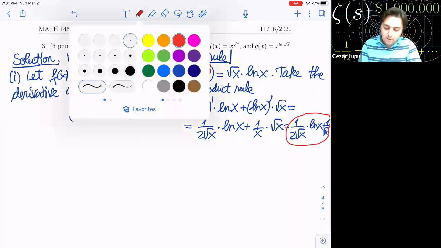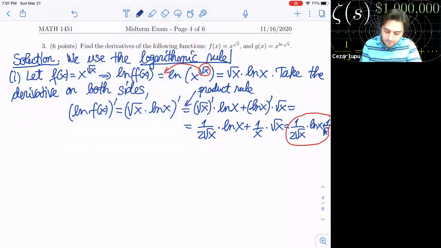All right, great. But on the left side, what do we use? What is the derivative of ln of f of x?